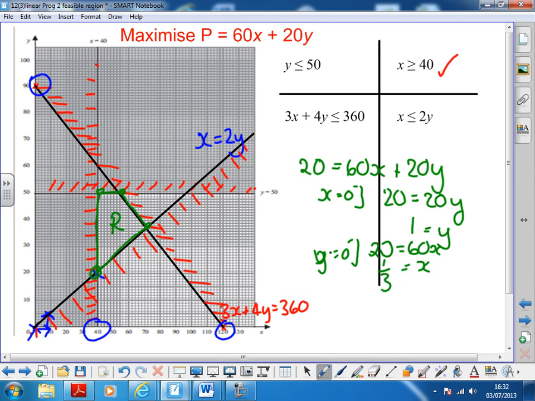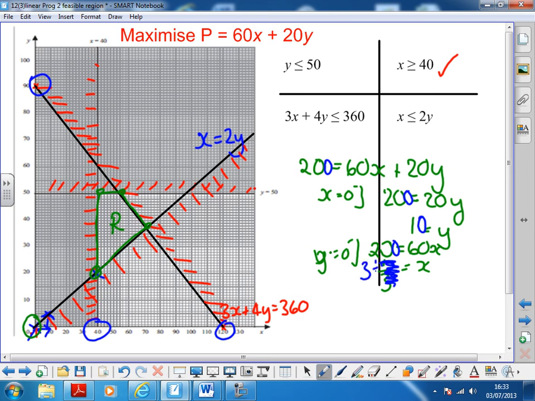Looking at the scale of our graph, no matter how much we zoom in, it is going to be difficult to plot those points. So can we make that 200? What you've done isn't wrong, it's just that the scale isn't big enough to use those points. 200 divided by 60 is 3 1/3.